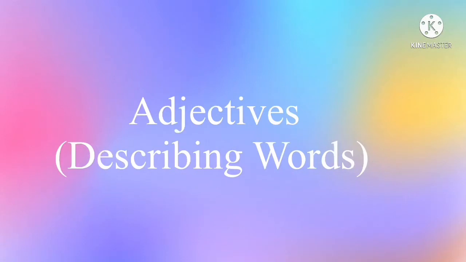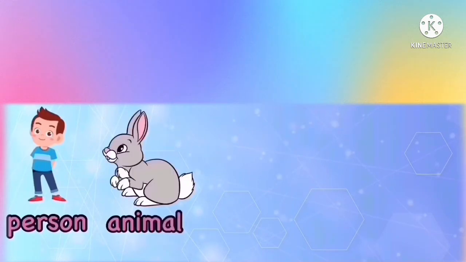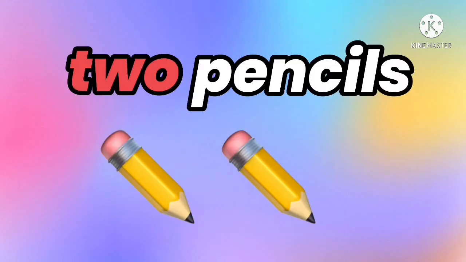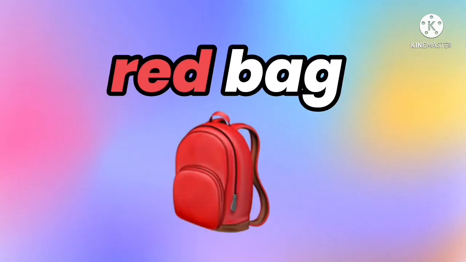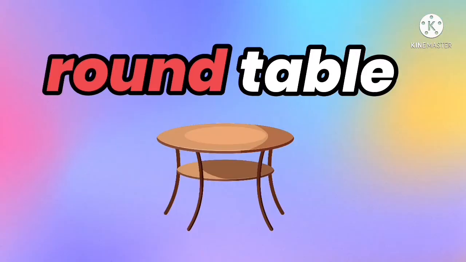Adjective. Describing words. Adjectives are describing words. They tell us more about a person, animal, place, or thing. For example, 2 pencils, red bag, big car, round table.